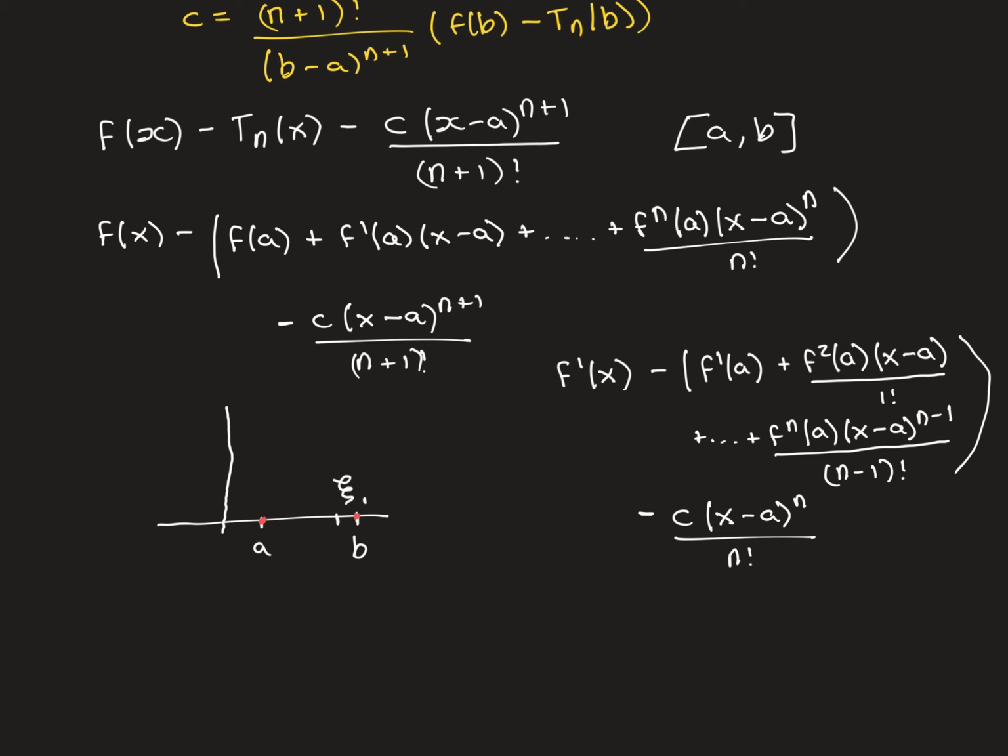So we can then conclude that there's a point in between a and xi1 where its derivative in turn is equal to 0, i.e. the second derivative of our function is going to equal 0.